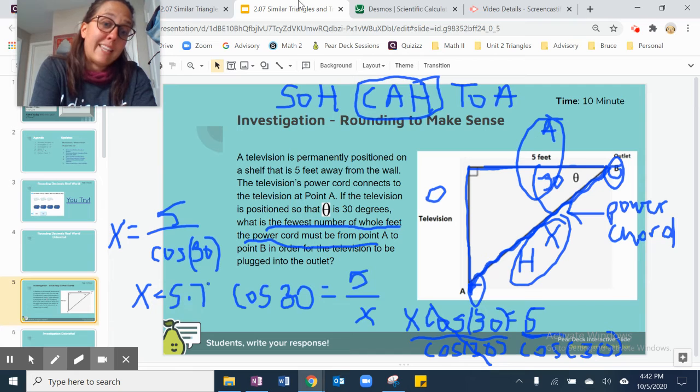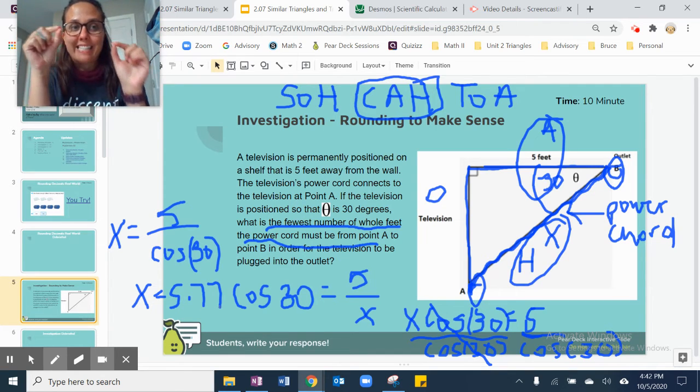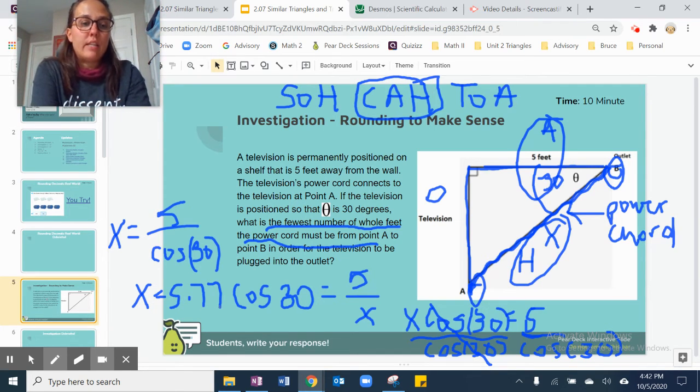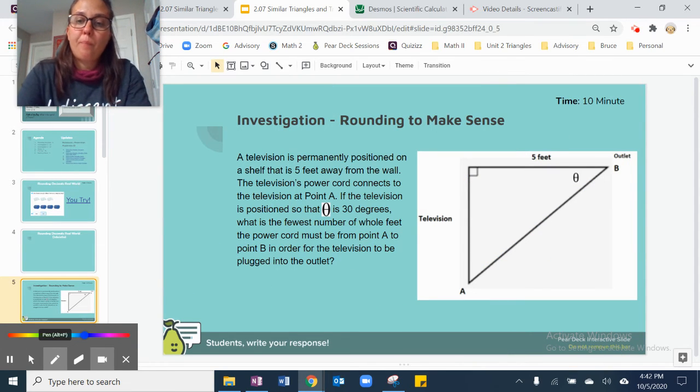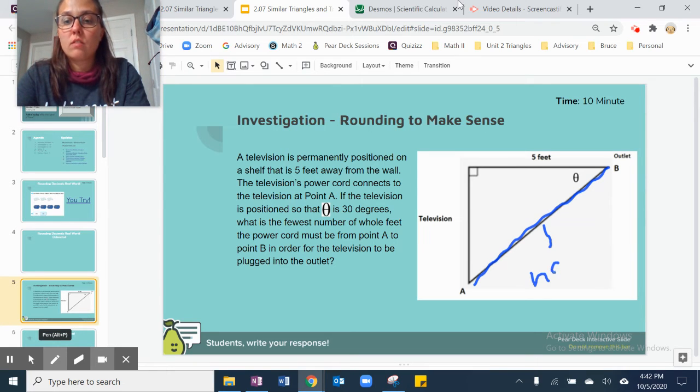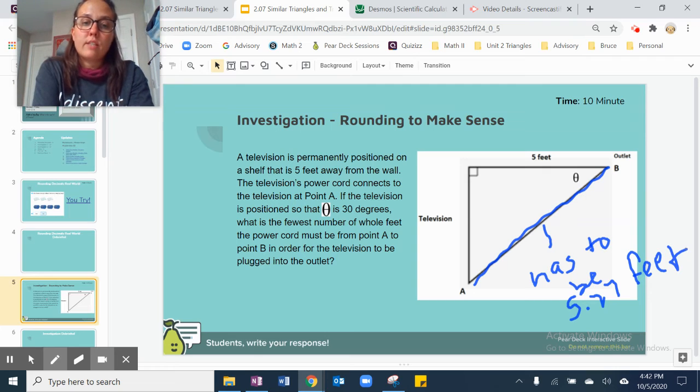In other words, that is the exact length that the power cord would have to be. So let me redraw this. So this is our power cord, and it has to be 5.77 feet. But the question is asking us for the fewest number of whole feet.